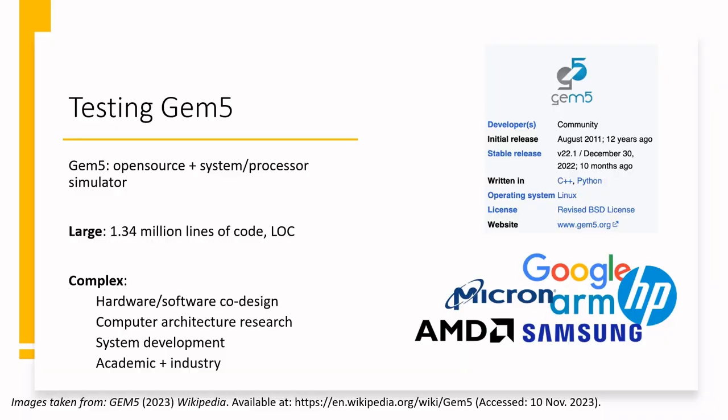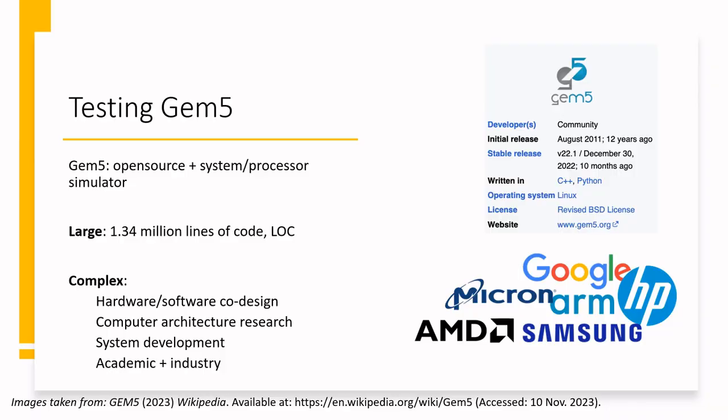Let's talk about the system that we want to test, Gen5. As you can see here, Gen5 is an open source system. It started in August 2011, so it's basically 12 years old, and is mainly written in C++ and Python. To give you an idea of the complexity of Gen5, it has 1.34 million lines of code, so you can imagine that it's very difficult to test the whole system because you have different architectures and different things that you can simulate, with and without the operating system.